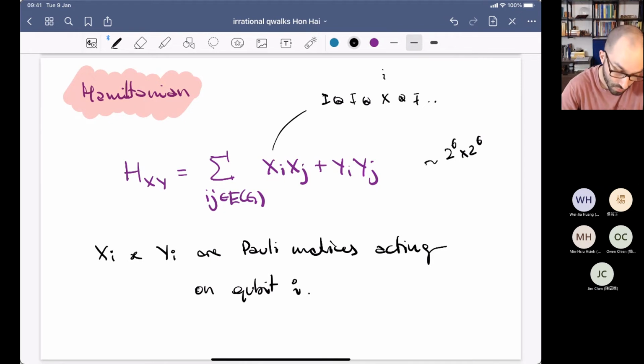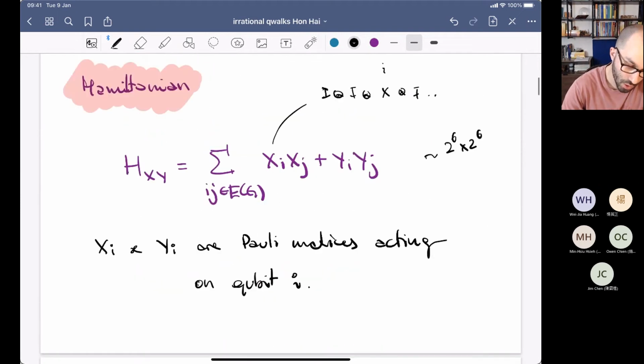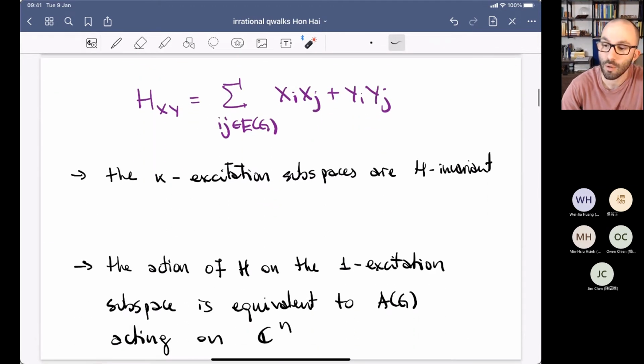Now, fortunately, with this choice of interacting terms for each one of the edges of the graph, this matrix actually decomposes into very nice invariant subspaces. The invariant subspaces here will be the k-excitation subspaces, and by that I mean the subspaces spanned by vectors that look like this.